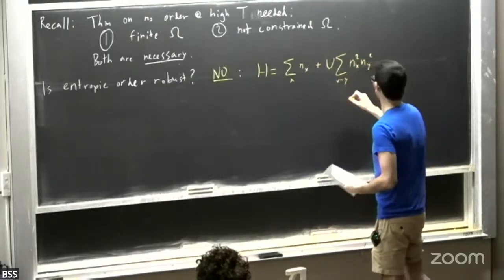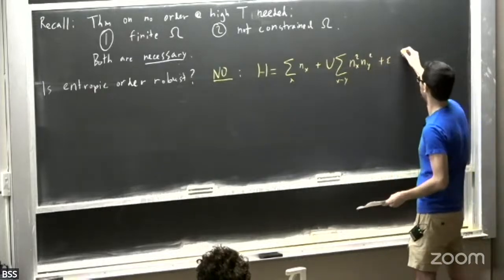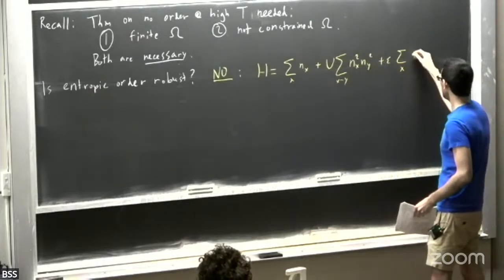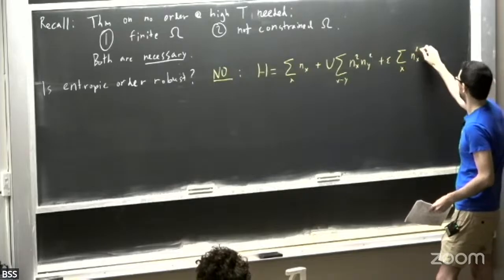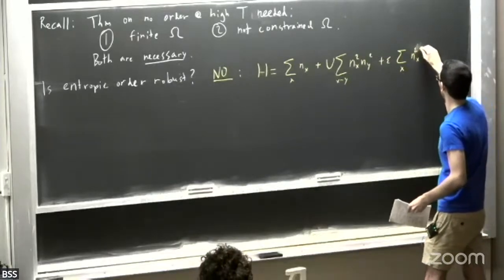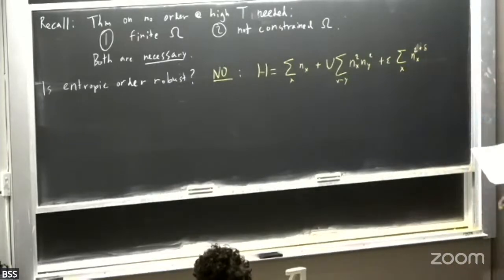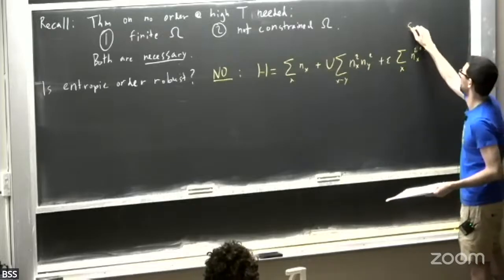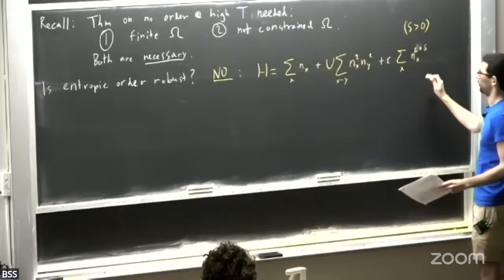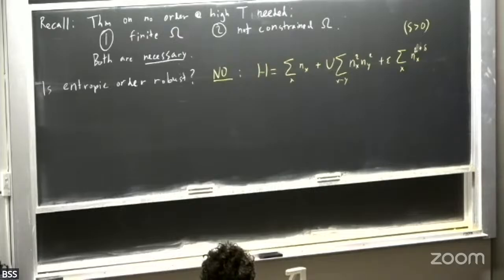Really, there are infinitely many ways to modify this Hamiltonian that destroy the high temperature order. So as long as delta is positive, we have no entropic order at high temperature.